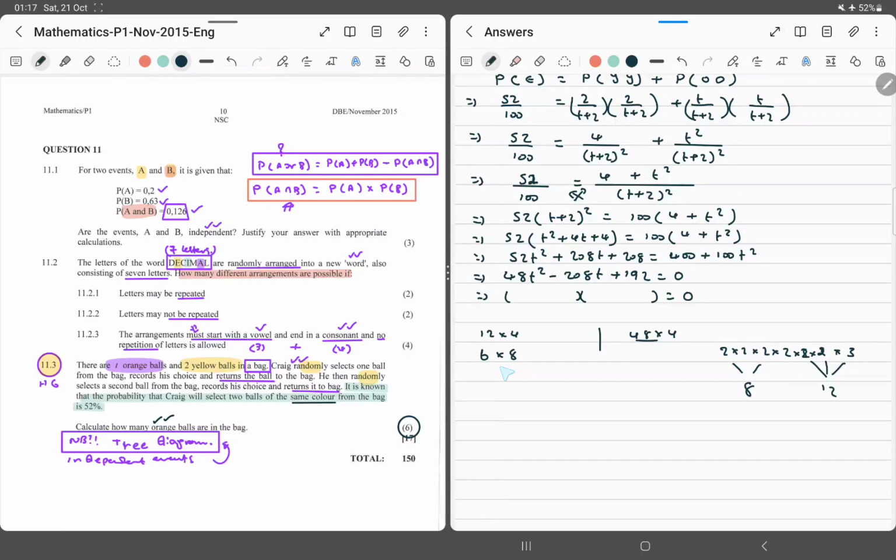I'm not sure. Let's say 12 times 6 is 72. Then 8 by 8 will be 64, right? So this one into 8 squared, it's 136.